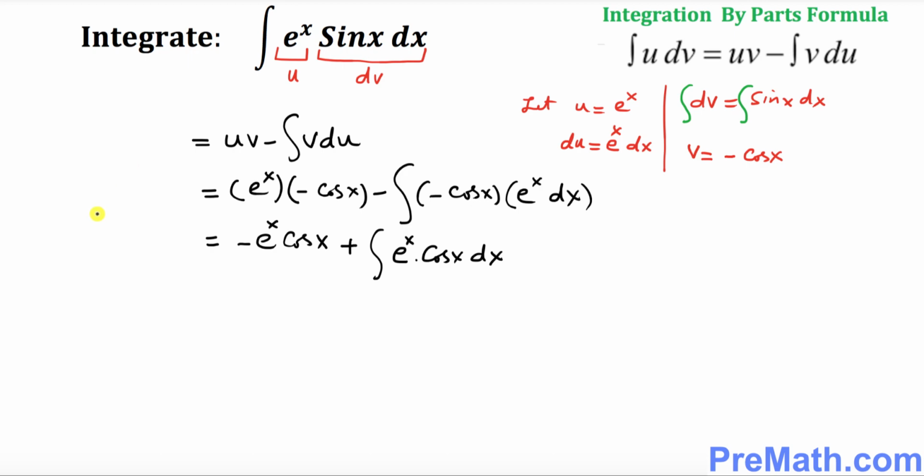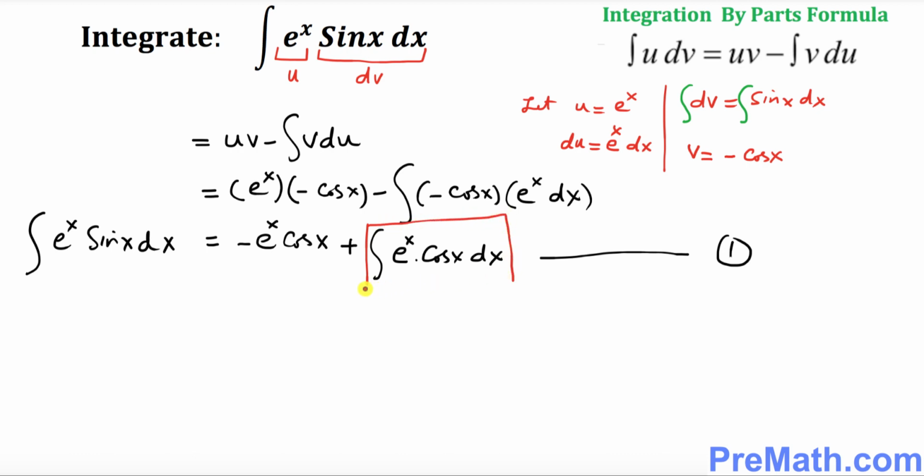On this side, I'm going to write down this part, which is e power x sine of x dx. I want to call this equation number 1. Make sure, over here, I want you to take care of this integral right now. We will be using integration by parts again on this one, and I will do it on a separate page.